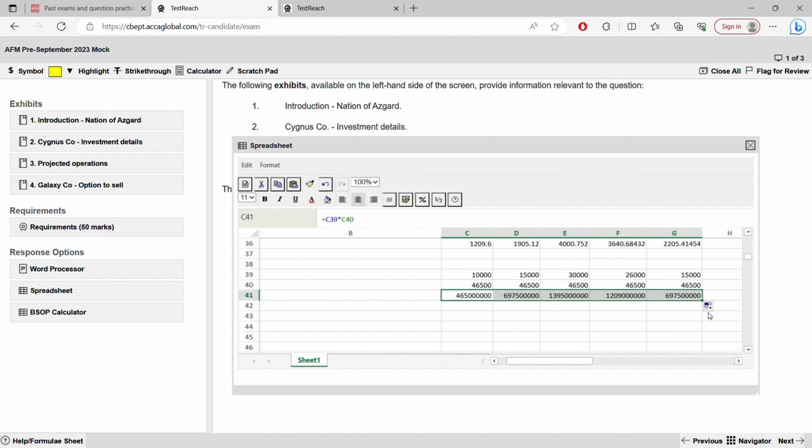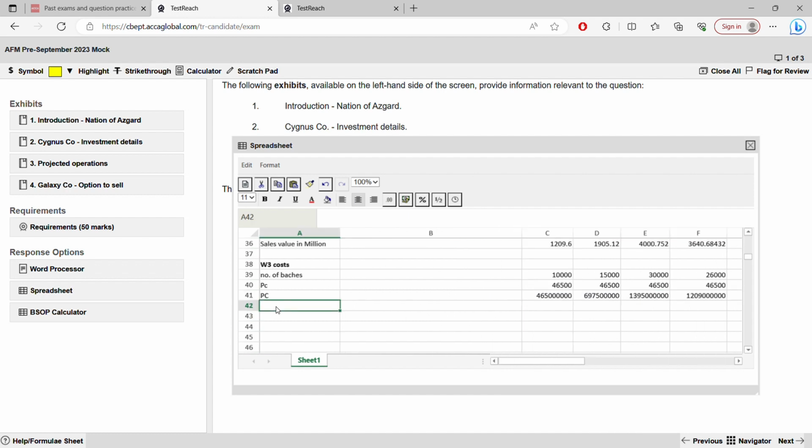Now what? Inflation. Inflation is 10% for production cost. Inflated production cost. It was 5% for sales. Here it's 10%. So here you multiply this by 1.1. This one, multiply by 1.1 to the power 2 because it's for year 2.